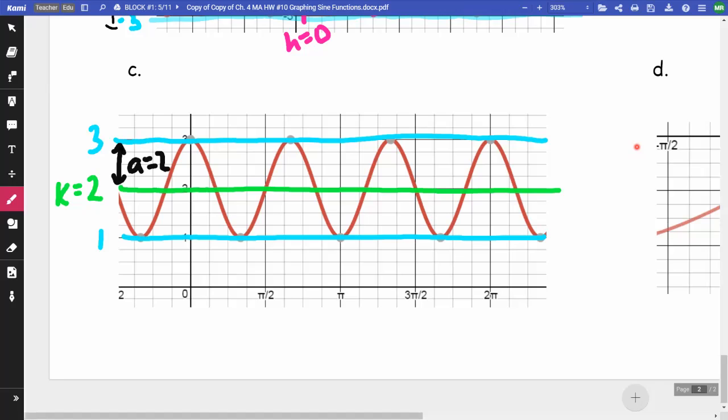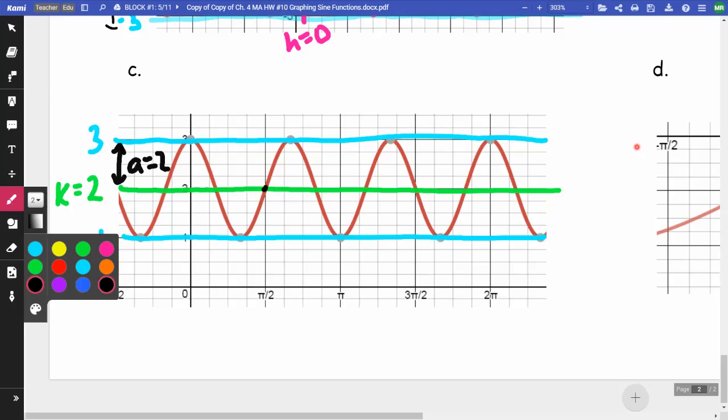And honestly, down the road, I would probably think of this in terms of the cosine, but we haven't learned cosine yet. So I'm going to look at where I can find some nice points. And a nice point seems like here for my 0. And my next nice point is here.